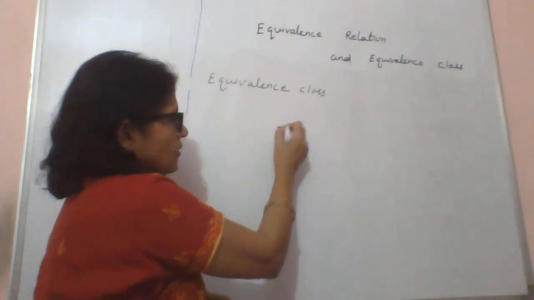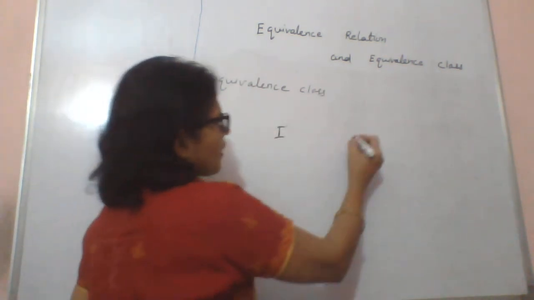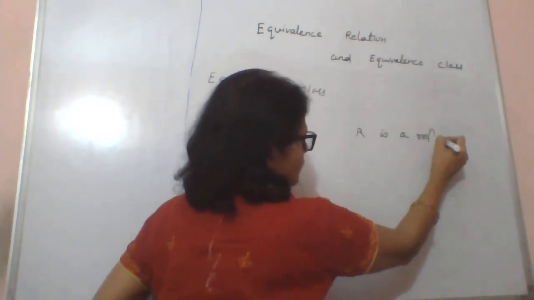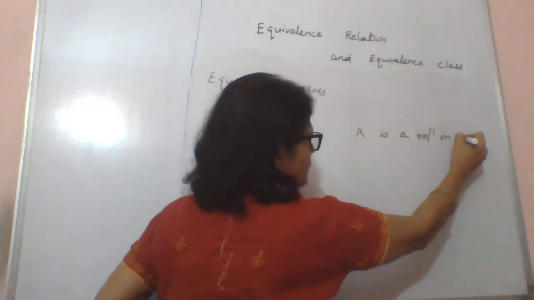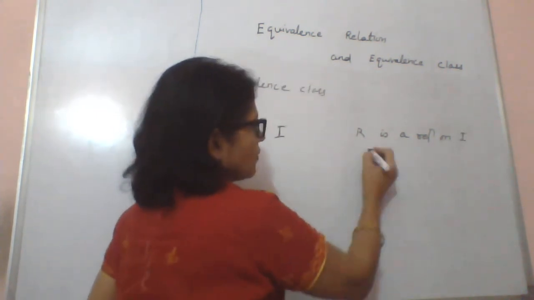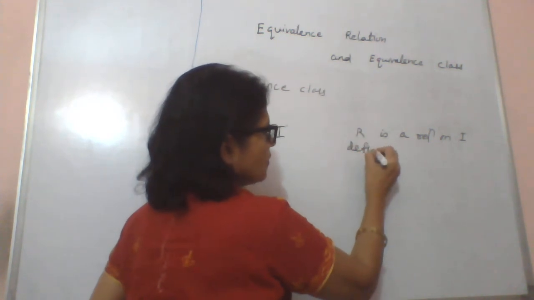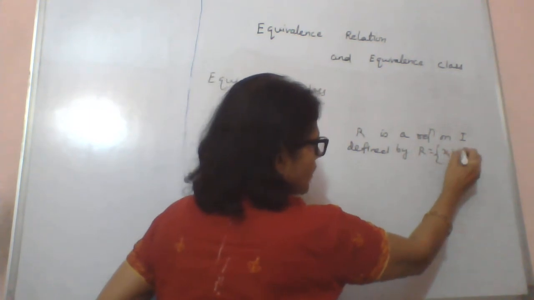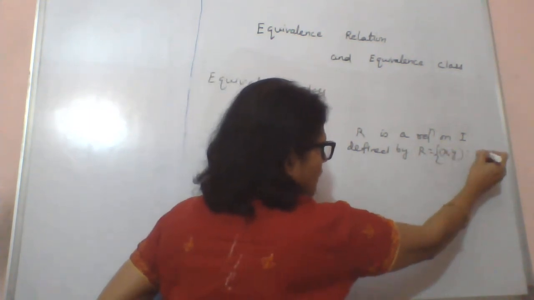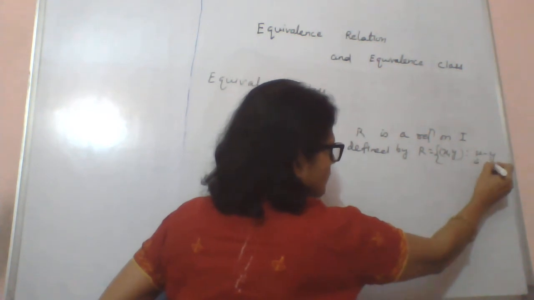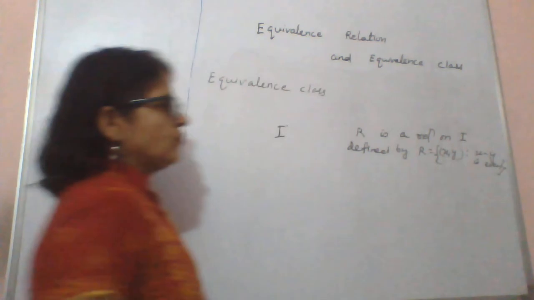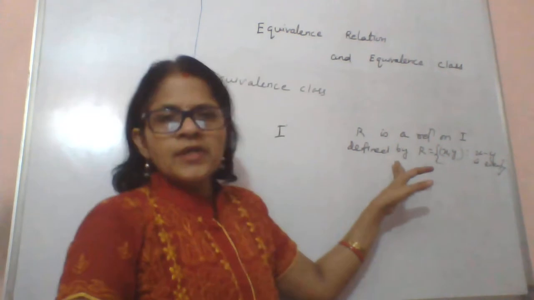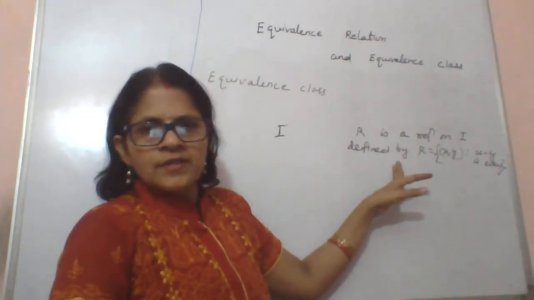Suppose you take the set of integers, right, and I am taking R as a relation on the set of integers I, defined by R equal to xy such that x minus y is even, divisible by 2.